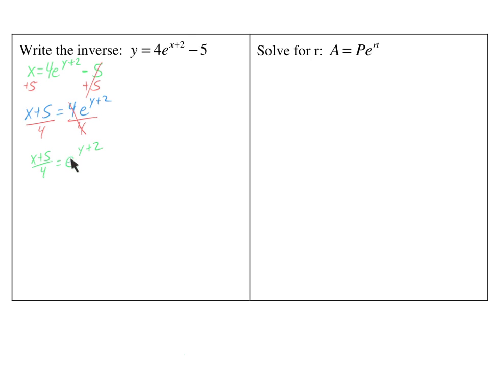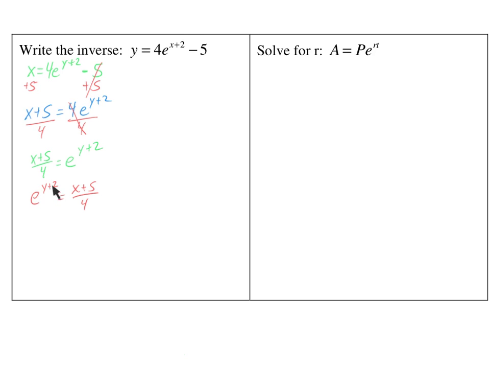Now I have the exponent by itself, so you're going to switch it into a log. But before I do that, I want to rewrite it so the exponent's on the left side. For me, it is easier to have the exponents on the left side than on the right side. Having it on the left side is just a little bit cleaner.